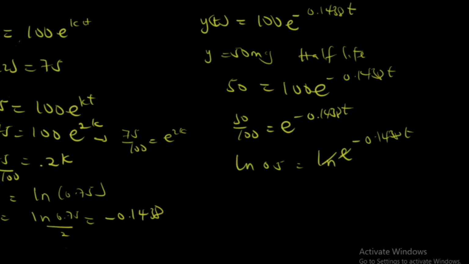So at the end, you get negative 0.1438t is equal to ln 0.5. And since time is not a negative figure, when you get a negative over a negative, it gives you the same answer. So you divide ln 0.5 by negative 0.1438, and our time will be given as 4.82 years.